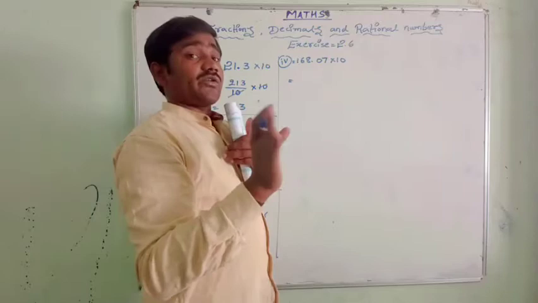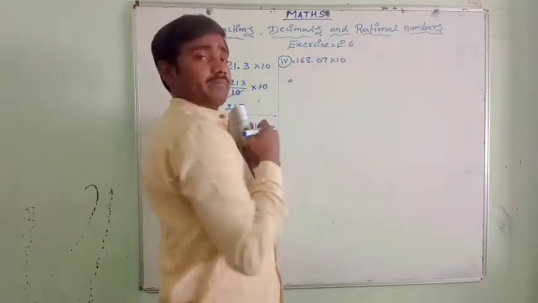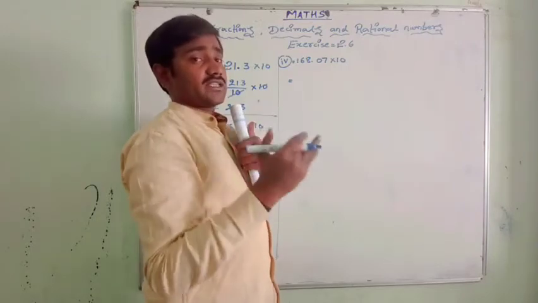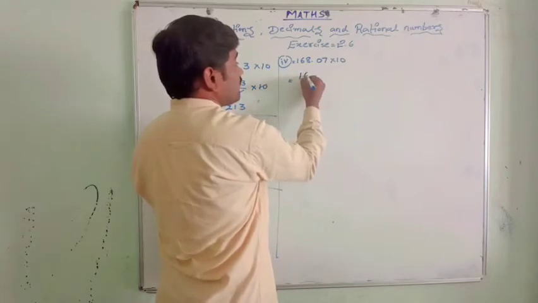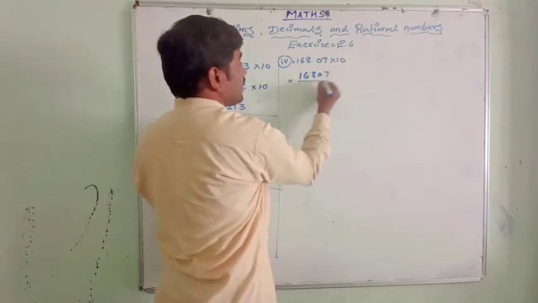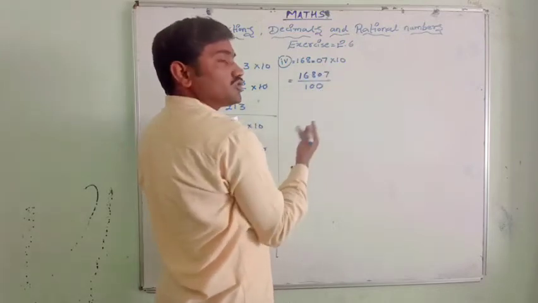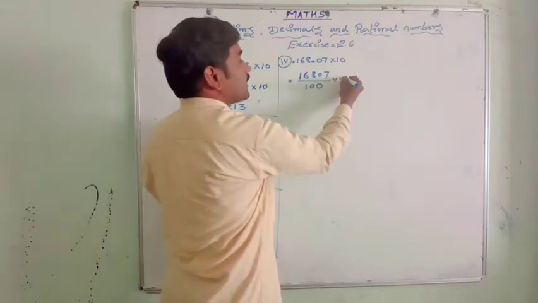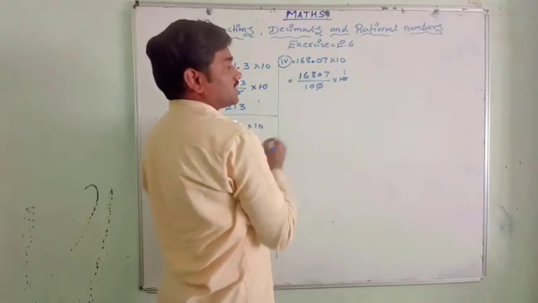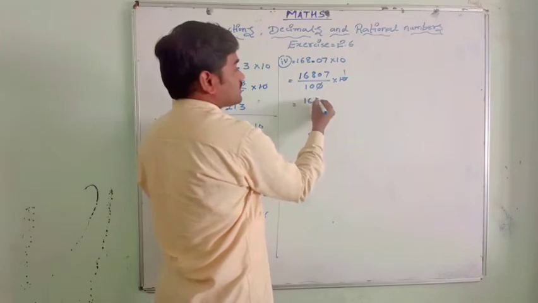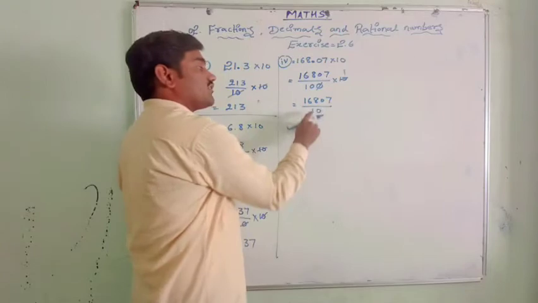Or else, if you find this method difficult, then directly you multiply. Directly if you multiply, you get the same answer. Okay, so first of all let me write 16807 by, there are two digits after the decimal point, so I will write two zeros, that is 100 into 10. Here the 10 and 10 get cancelled. So what is left here? 16807 by 10. Simple.